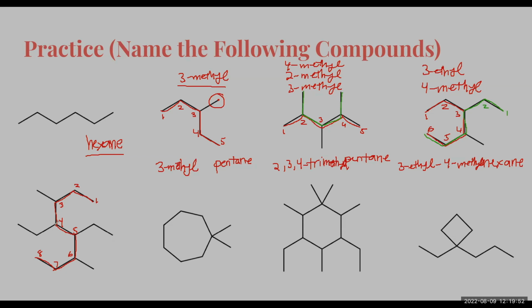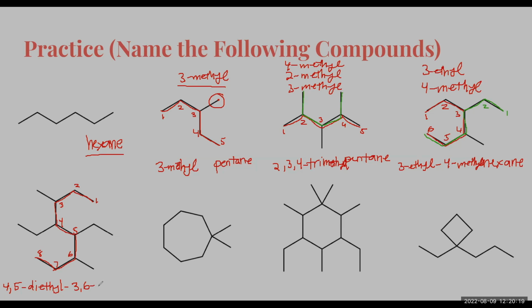So I could say that on 4 and 5, we have an ethyl group. We have 2 ethyl groups, so I'm going to indicate that as 4,5-diethyl. And now I'm going to identify the next groups, which are methyl groups hanging on the 3 and the 6.